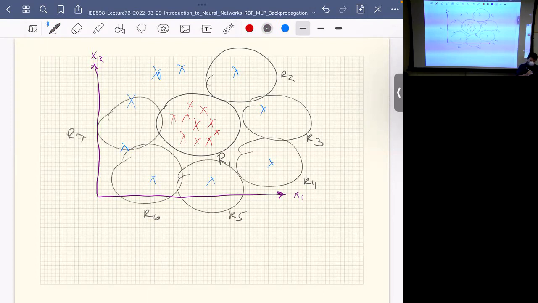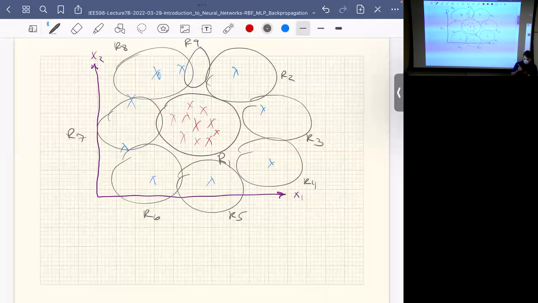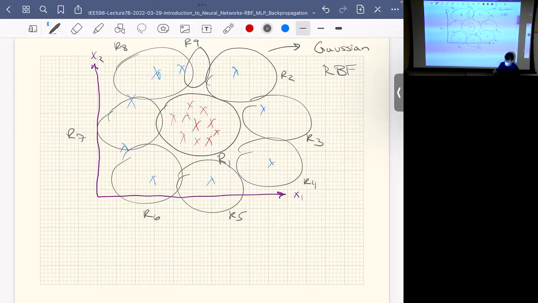R7, and basically I'm painting the space, whatever, R9. And so each one of these are Gaussian radial basis functions, but they have like a little domain. And so I can basically say that R1 corresponds to class 1, and R2 through R9 correspond to class 2.